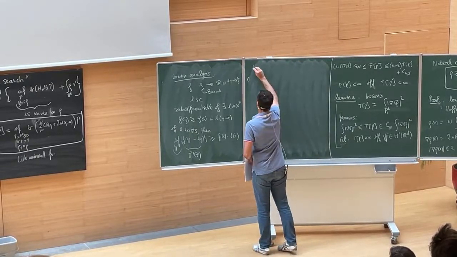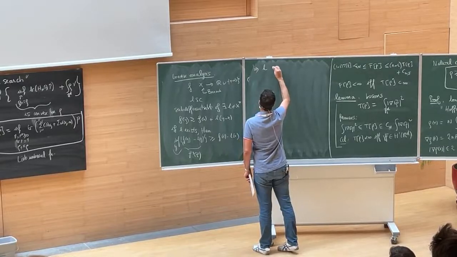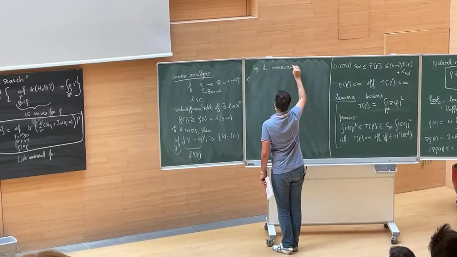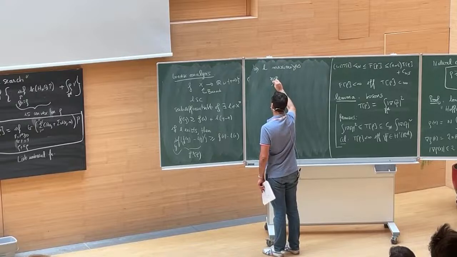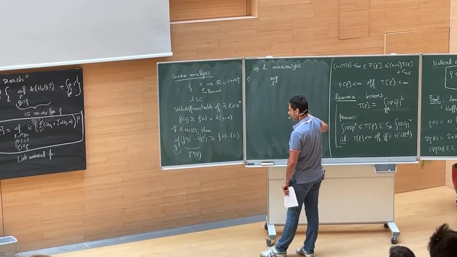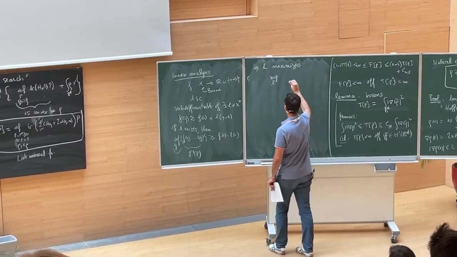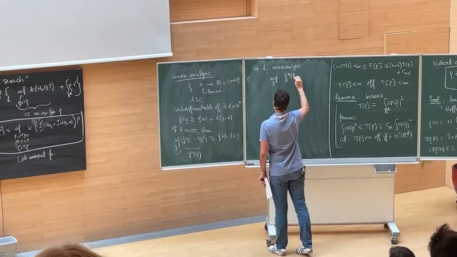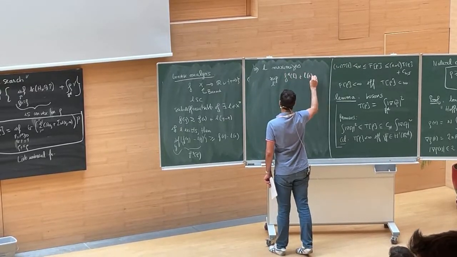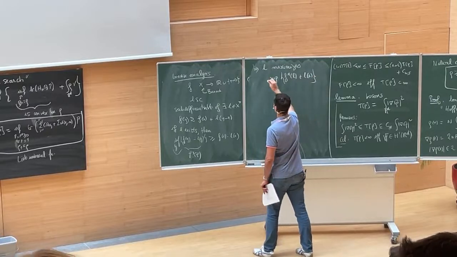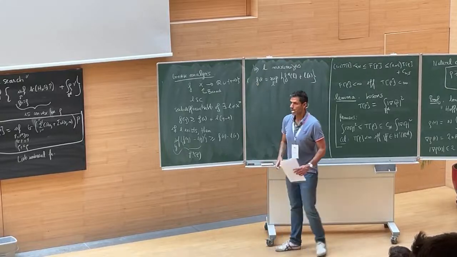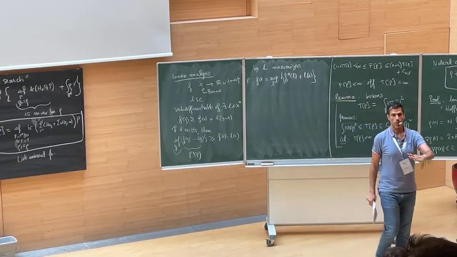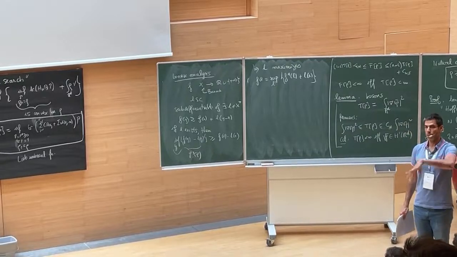So this implies that L maximizes the sup over L prime of F star of L prime plus L prime of X, which is equal to F of X. So I'm telling you that if there is a subdifferential, then it's a maximizer.